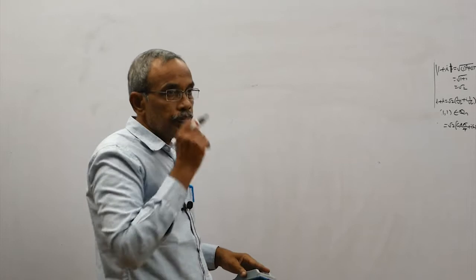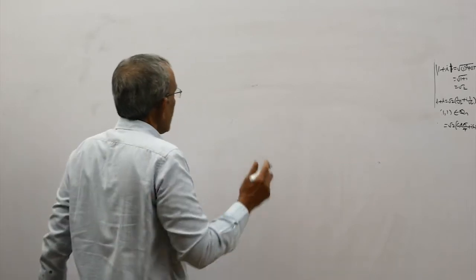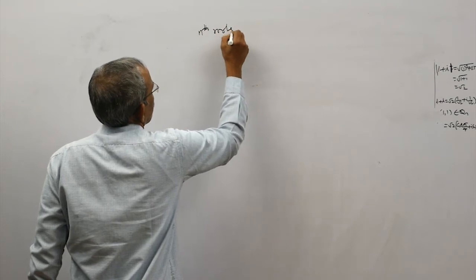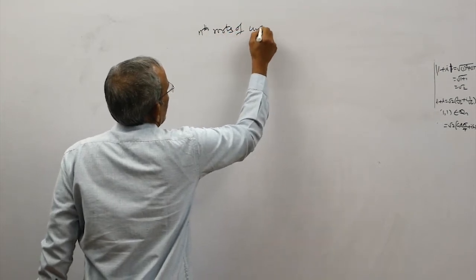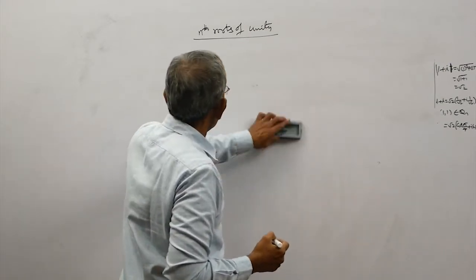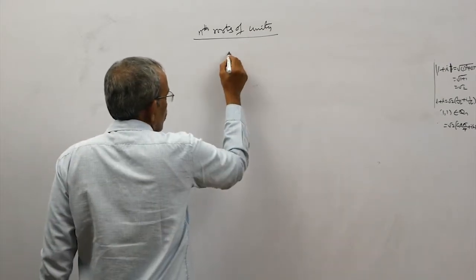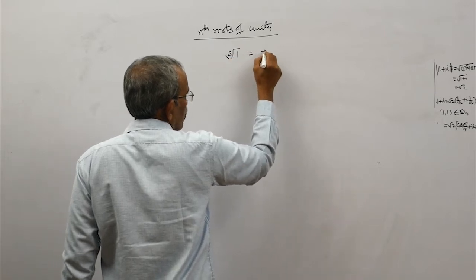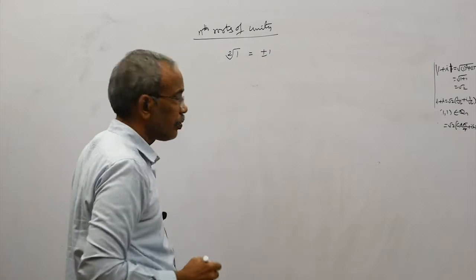We have to learn about nth roots of unity. Already we know that square root of 1 is equal to plus or minus 1.